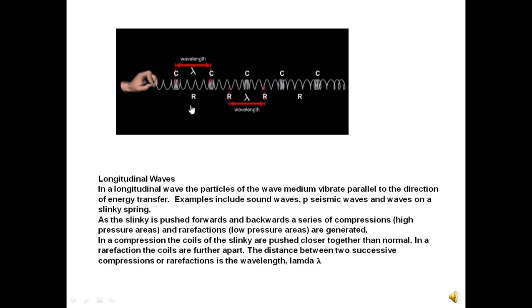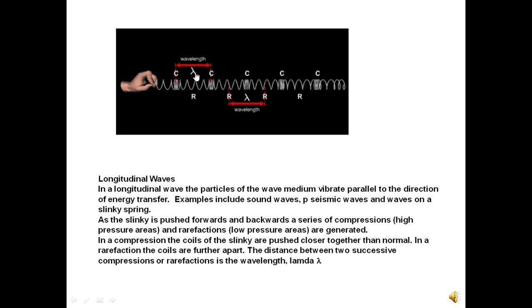And here, rather than having peaks and troughs, we have high pressure areas. You can see the turns in the slinky have been squished together, and low pressure areas where the turns in the slinky have been pulled further apart. This is a compression, and this is a rarefaction. It's an old word, but compression, rarefaction, high pressure, low pressure areas.